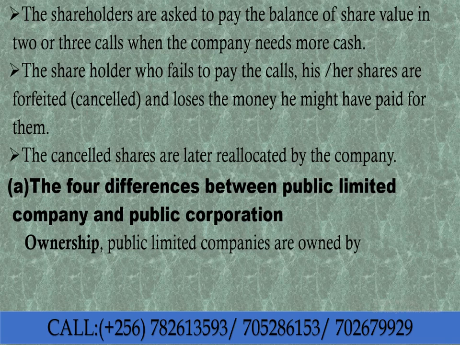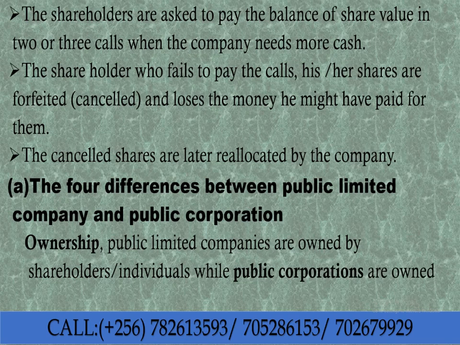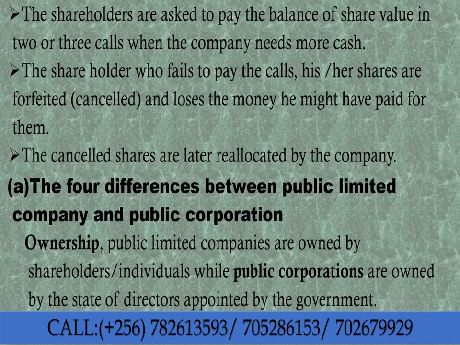Remember, public limited companies are owned by shareholders, individual members who raise their own capital to start operating a business, while public corporations are owned by the state. It is owned by the state, and the state is the government anyway.